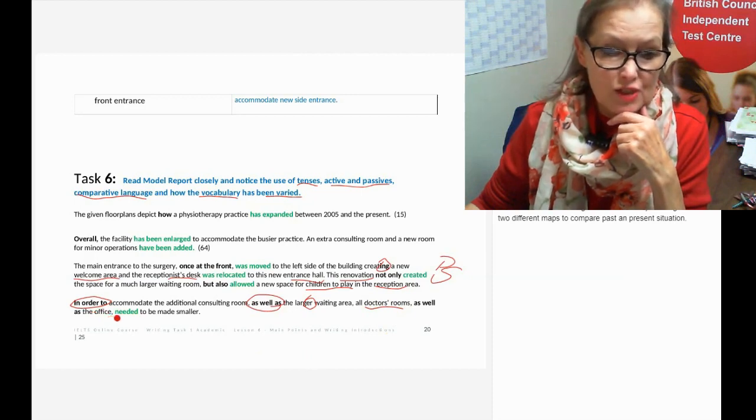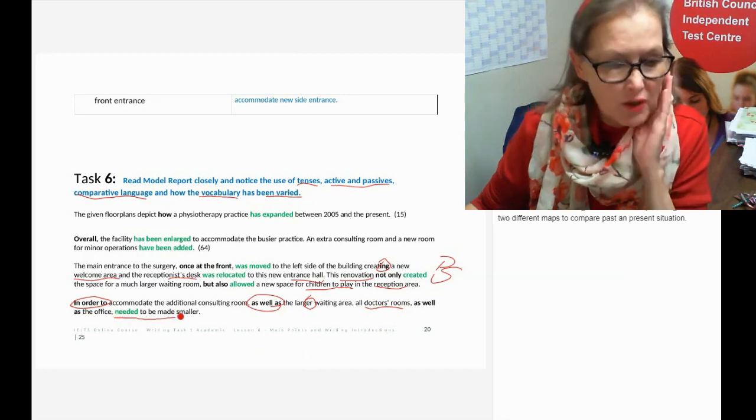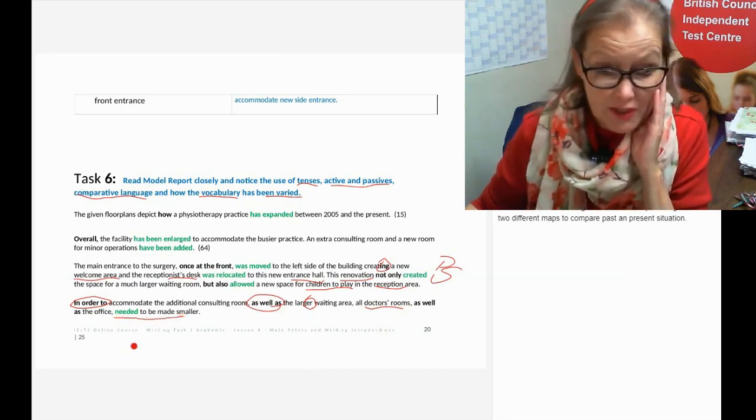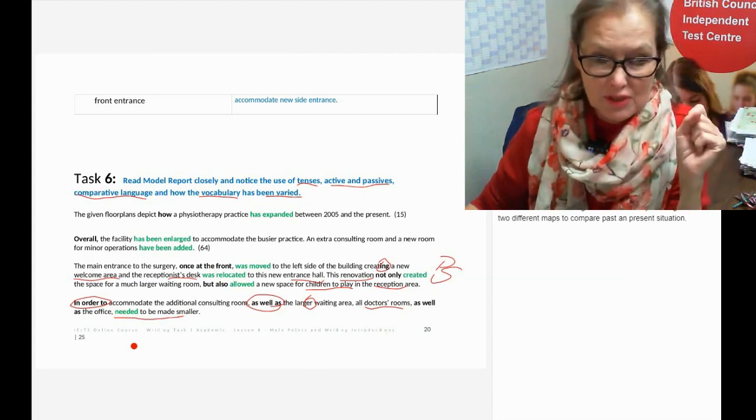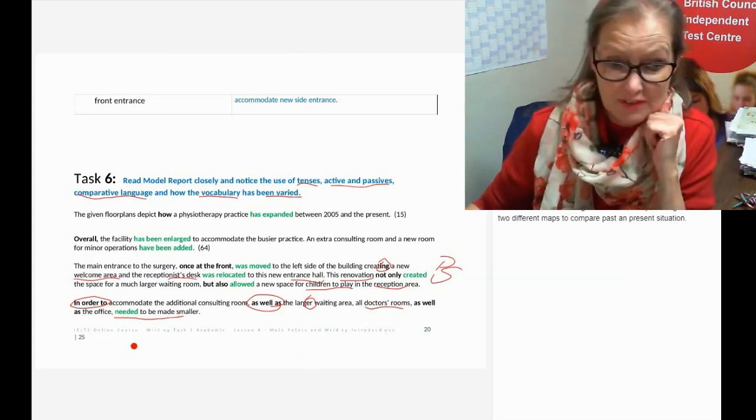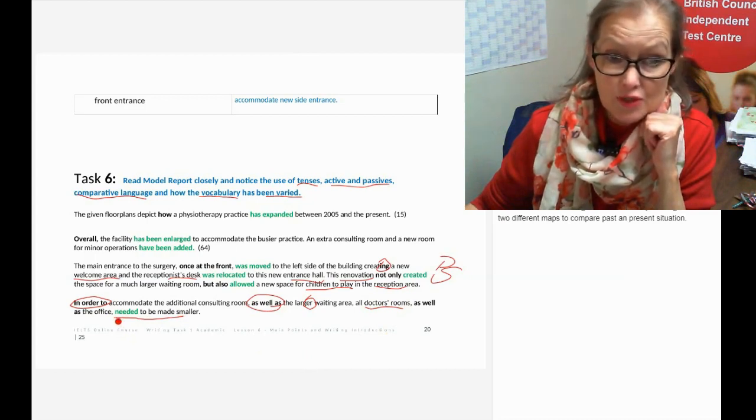Needed to be made. Now here I've got a very high level of structure, and obviously not everybody is going to be able to write like this, but this is what you need to be able to do to get that level 7. I've got my verb pattern, need, to make, and I've turned it into the passive, so needed to be made.